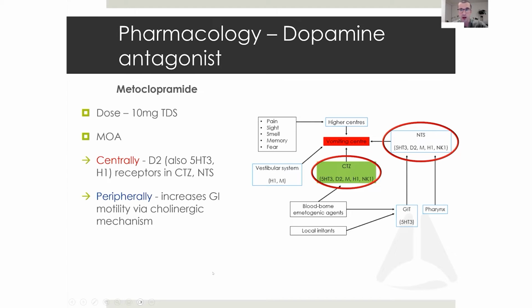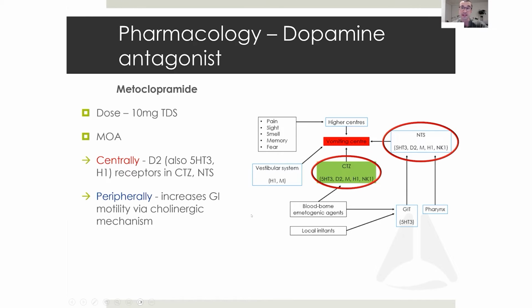Justin, do you know in what circumstances we might want to avoid metoclopramide? For patients with Parkinson's disease, where you don't want to block their dopamine centrally. Exactly. So they're lacking dopamine, and if you block it centrally, you're going to get worsening of the extrapyramidal symptoms.